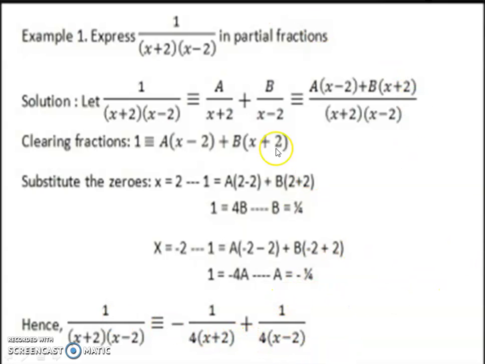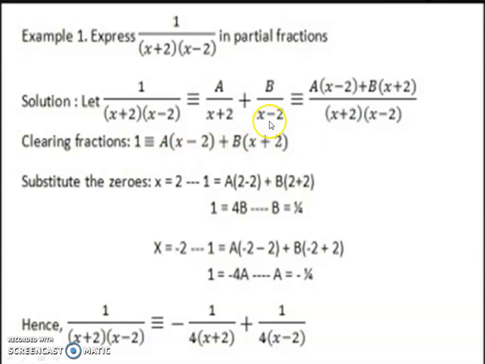So always remember that in a partial fraction, if two factors are given, we take the cross multiplication, then the denominator factor will cancel with this. A into x minus 2 plus B into x plus 2 is remaining. Then we put the first factor x minus 2 equal to 0, that means x equal to 2 in this whole equation.